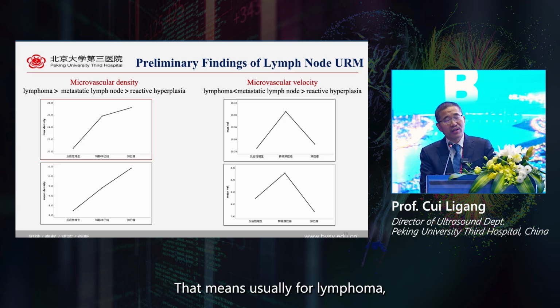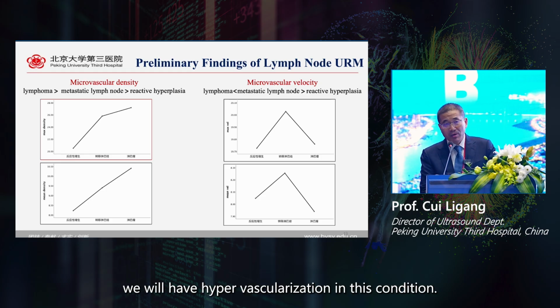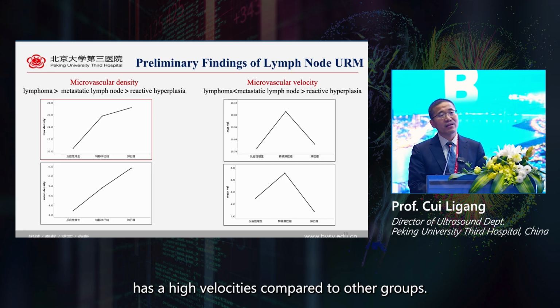That means usually a lymphoma will have hypervascularization in this condition. For the velocity, the metastatic group has high velocities compared to the other groups.